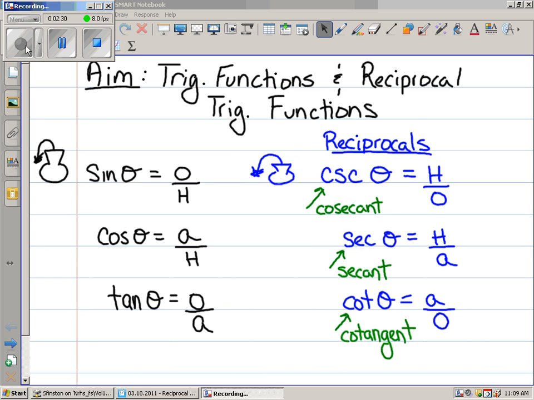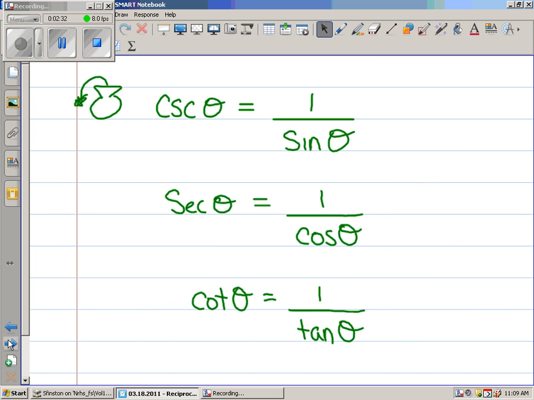There's one other thing that I'll need you to memorize, and that's this. Not only are the cosecant, secant, and cotangent the reciprocal of sine, cos, and tan in terms of their sides, they're also the reciprocal of them in terms of the functions themselves. In other words, cosecant, because it's the reciprocal of sine, can also be rewritten as 1 divided by the sine of theta. And that's going to help you when you have to plug this into your calculator.